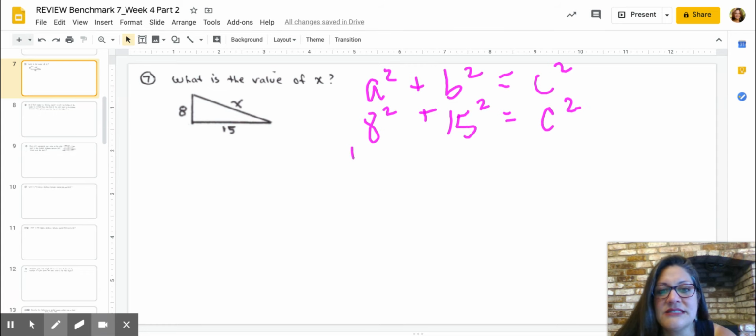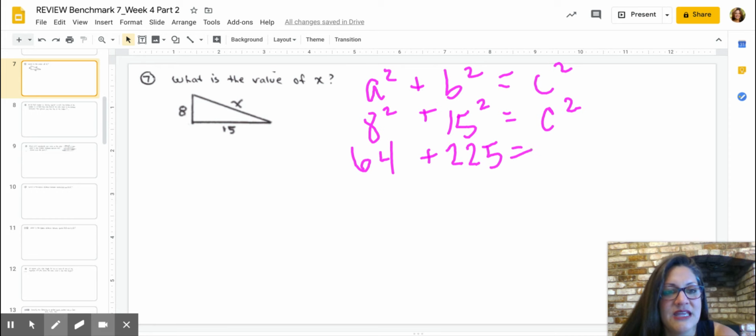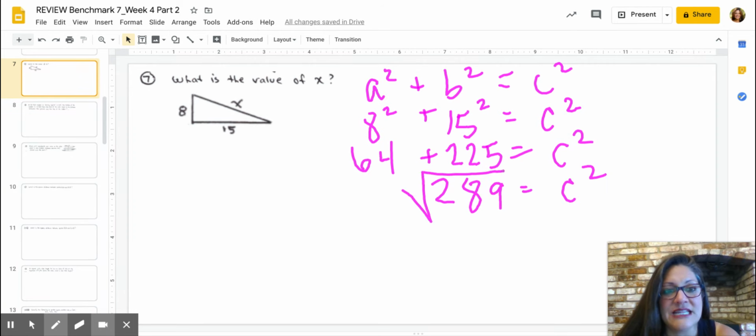Okay, so 64 and 15 squared is 225 equals c squared. Let's add those together. So 5 plus 4 is 9. 6 plus 2 is 8. And so 289 equals c squared. Well, we need to take the square root of each of those.